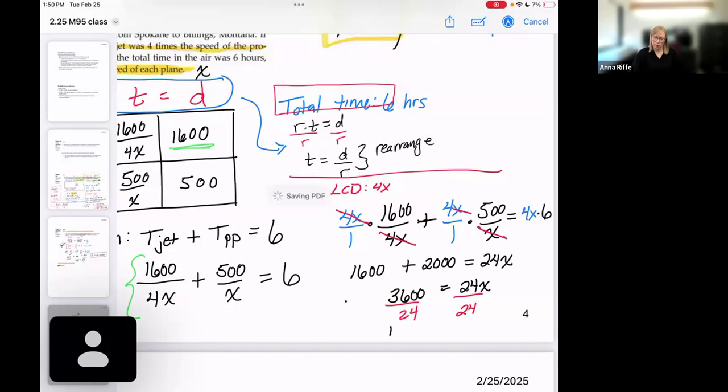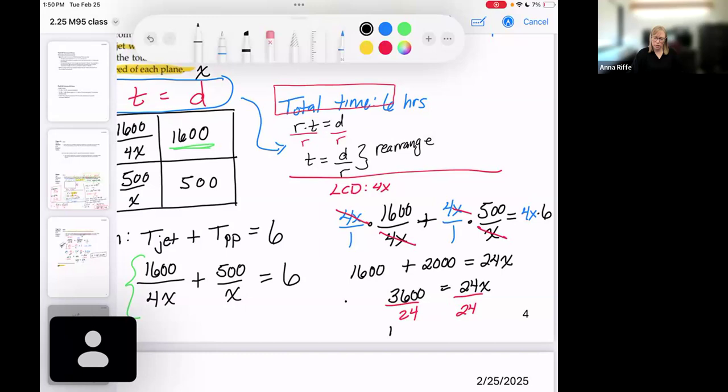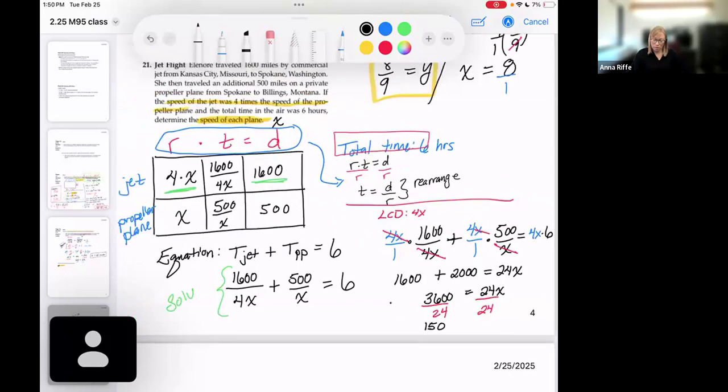Let's see. 150 is a speed, it looks like. That's what we use to represent the rate of the propeller plane. So it must be in miles per hour. I don't think you'll be asked to use units here, but sometimes it helps to have an idea of what you just found.